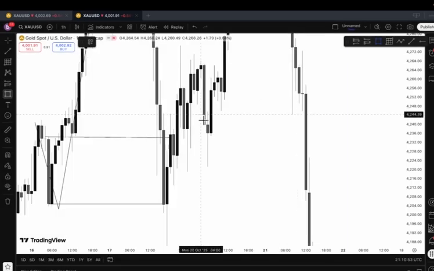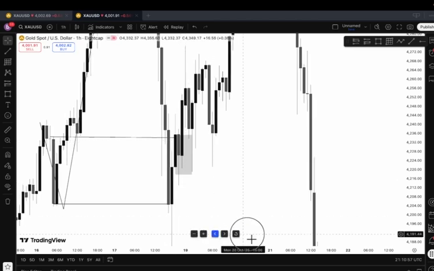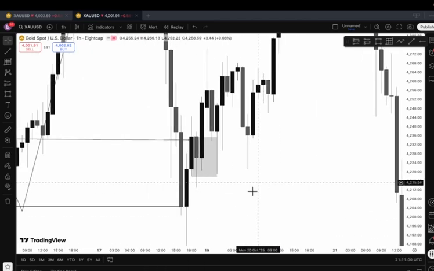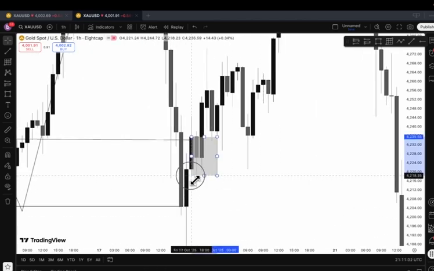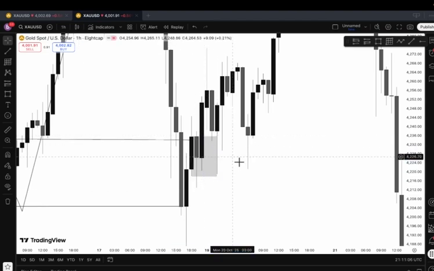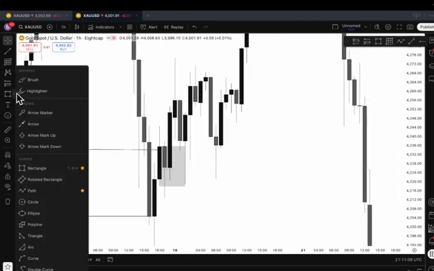And then we are now buying at this point, and the invalidation of this key level is this. So this was how I took this first buy.